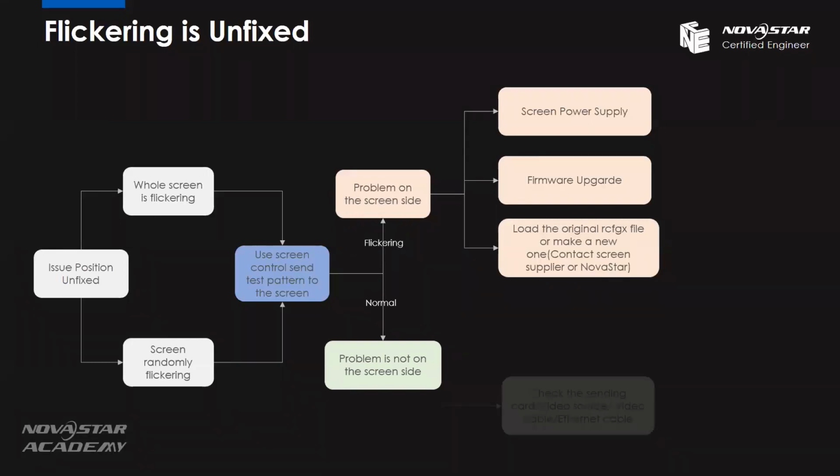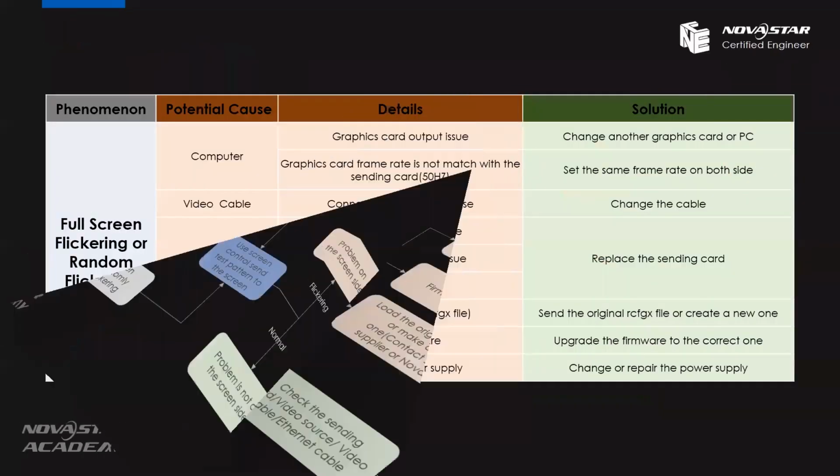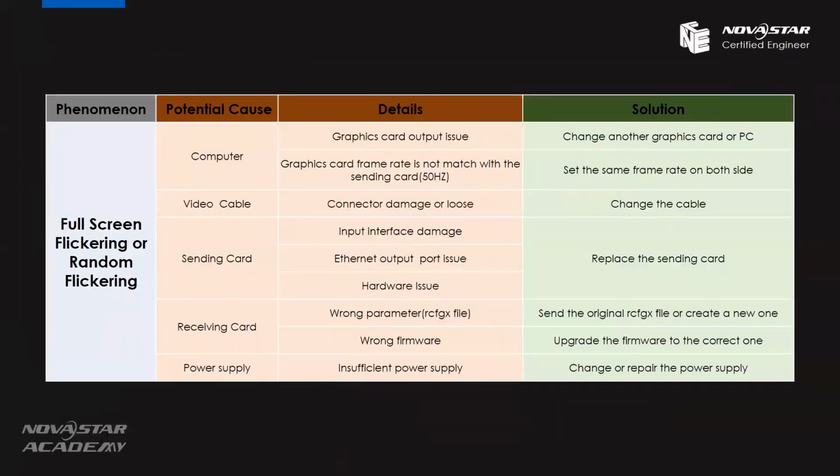Then we need to check before the receiving card, like the sending card, video source, video cables, and Ethernet cable. So these could be the possible reasons, and we locate them one by one and solve the issue. For the whole screen flickering or the random screen flickering, I also summarized a troubleshooting table.